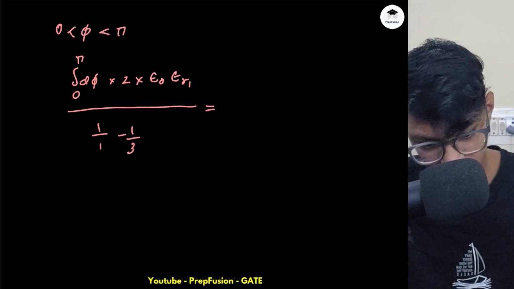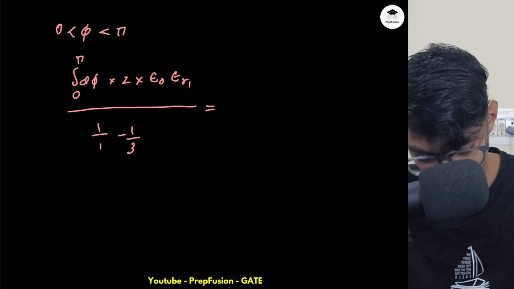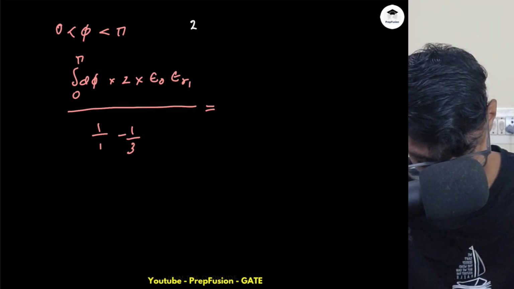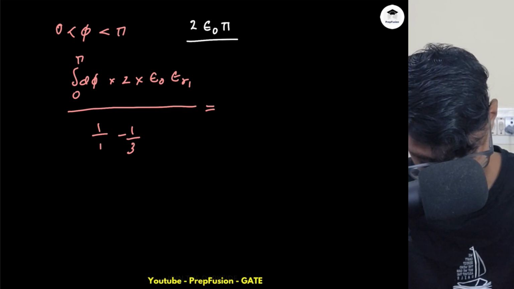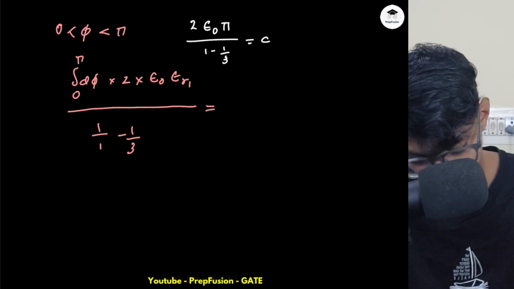Okay. So I will again take a simple common term. What I will take is this 2, and this becomes pi, right? 2 epsilon naught pi divided by 1 minus 1 by 3. This I can take common as C. Correct.